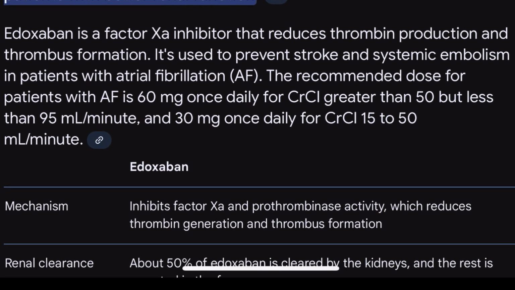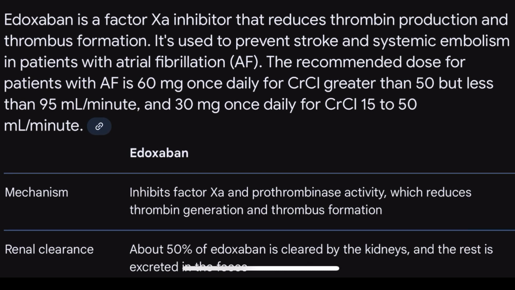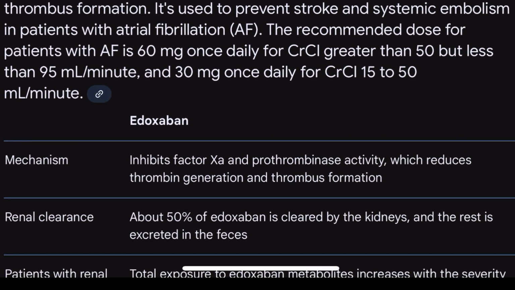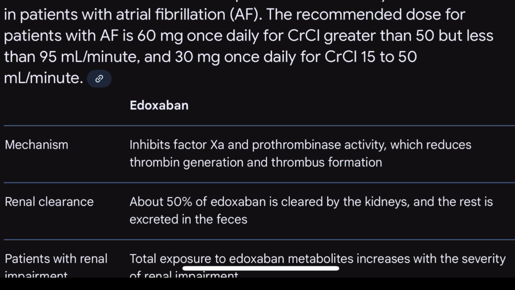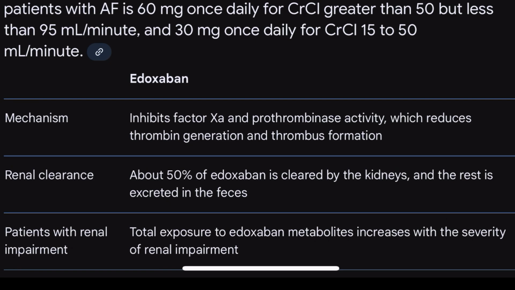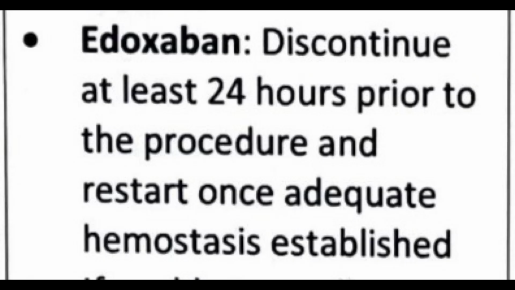You want to make sure you DC warfarin and start Savaysa when the INR level is less than 2.5. So Eliquis, it had to be less than 2, Xarelto less than 3, but Savaysa less than 2.5. If you're trying to switch the patient from Savaysa to warfarin, you want to halve the dose of Savaysa and start warfarin.